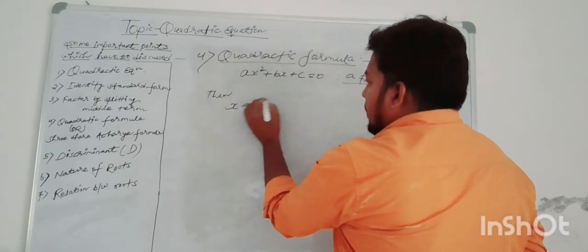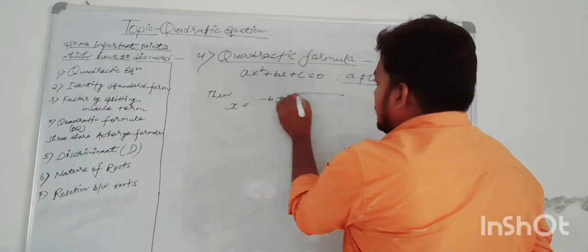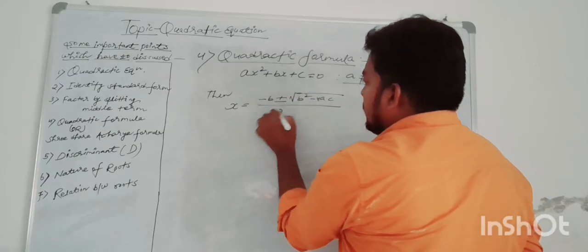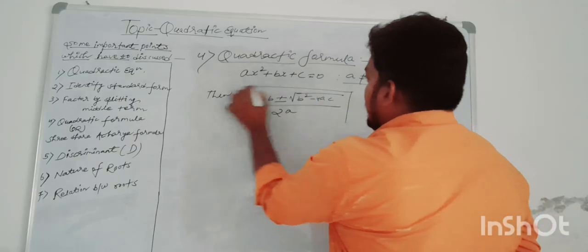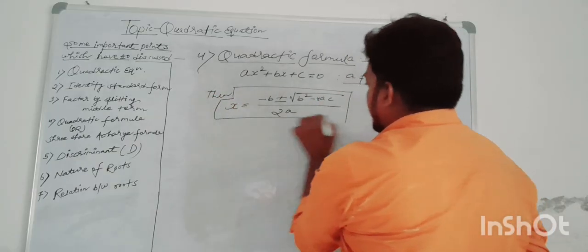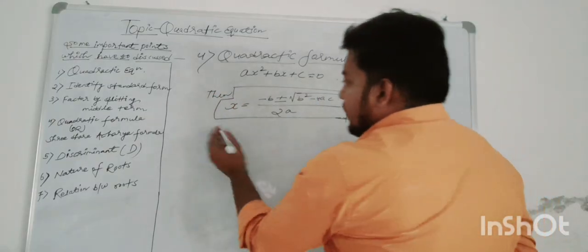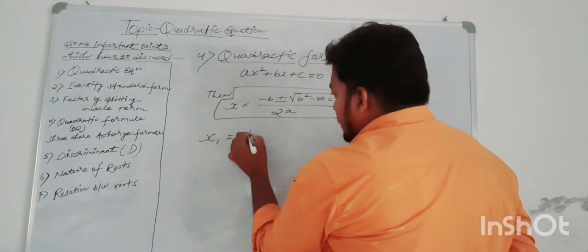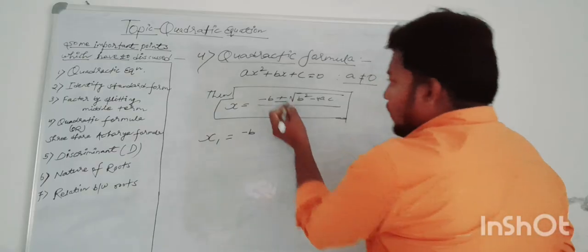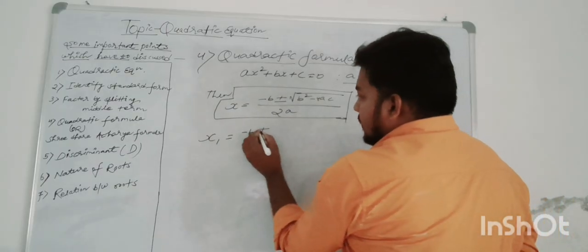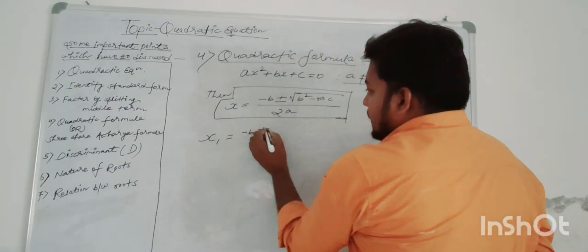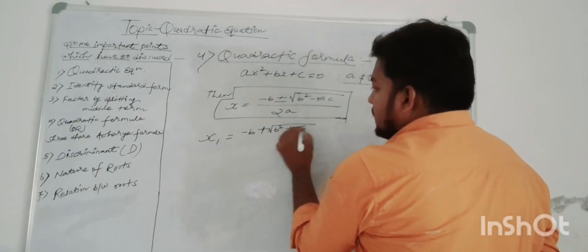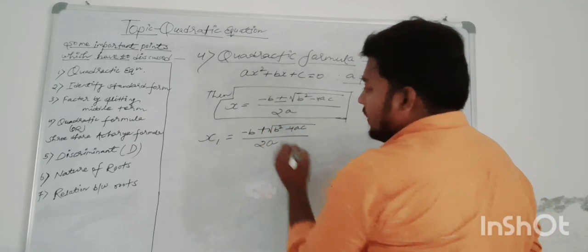x = (-b ± √(b² - 4ac)) / 2a. Here we get two roots. First is x1, meaning if we take the positive sign, then we get x1 = (-b + √(b² - 4ac)) / 2a.